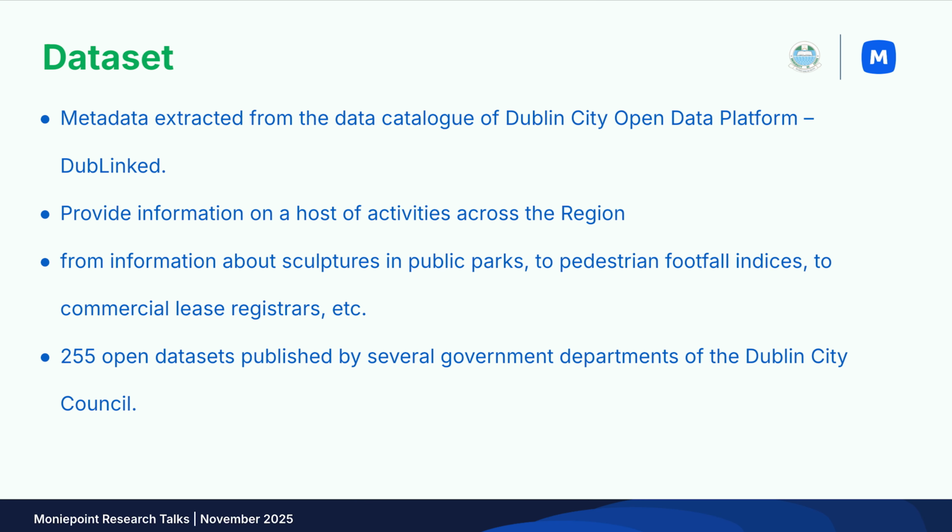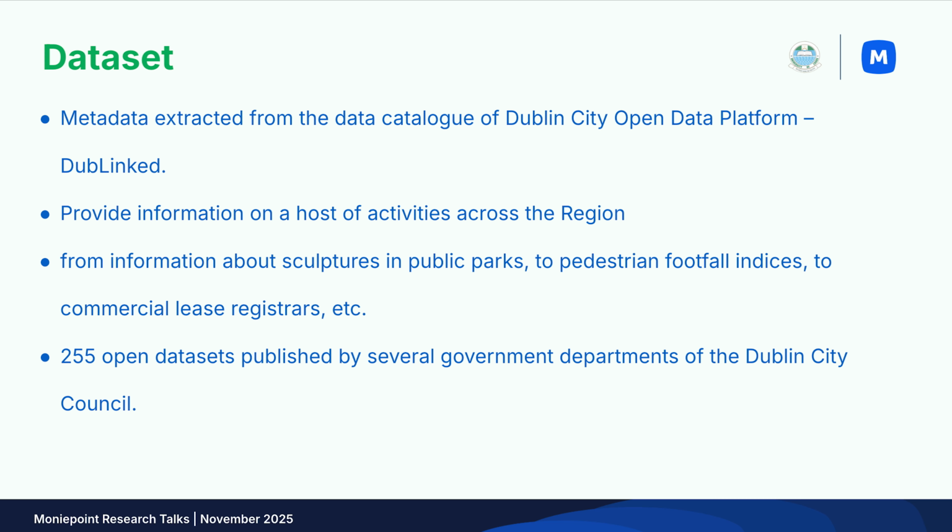All right, so what data set did we get? The project was done in a research institute called Insight Research Institute for Data Analytics, and it's located in Ireland actually. And the data set was from the Dublin Open Data Platform.